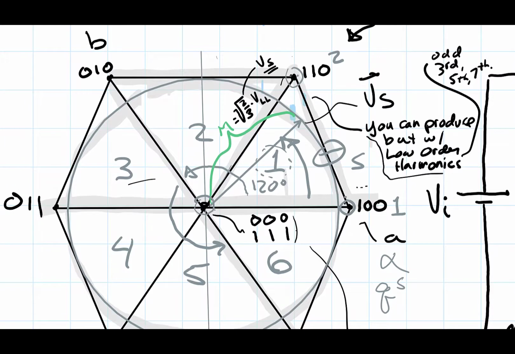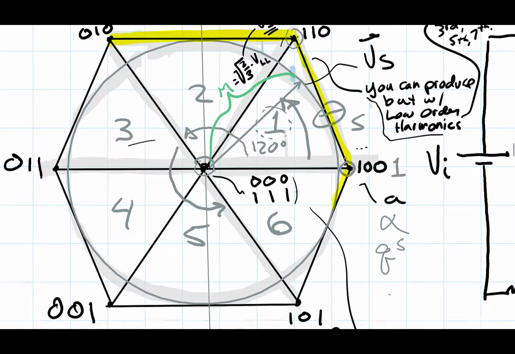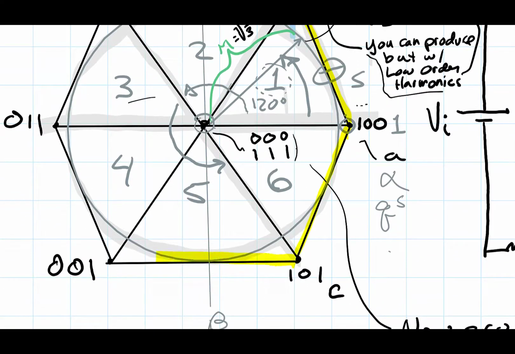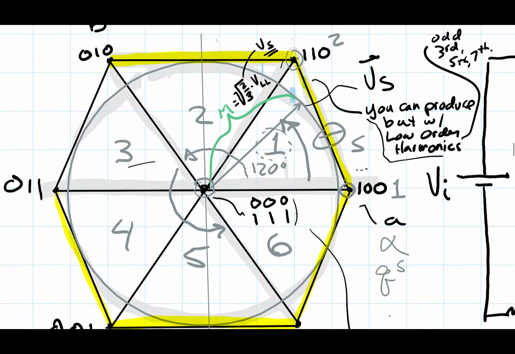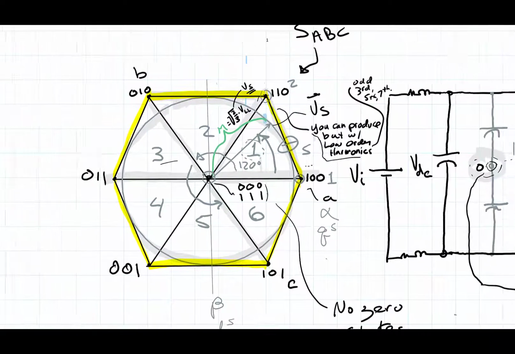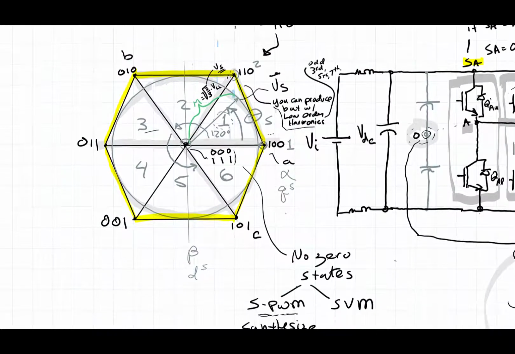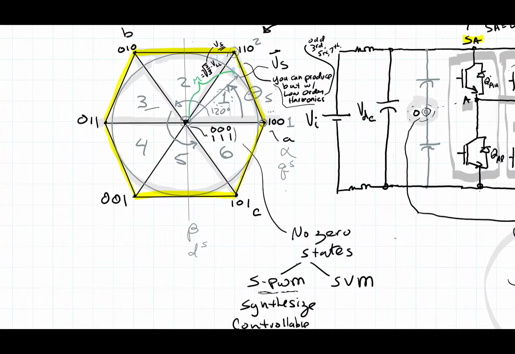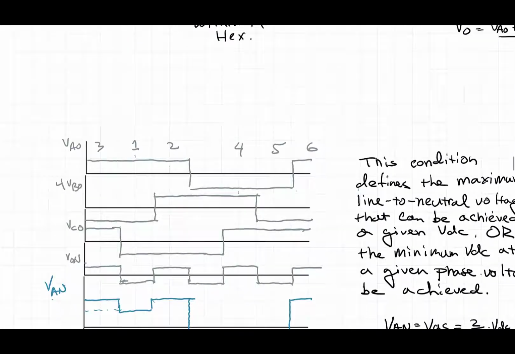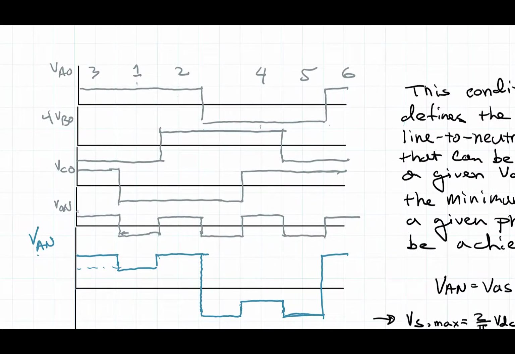Once we get to the point where we are operating all the time on this boundary here, as we go through all of the 6 sectors, we're not using the 0 state at all. So what does this mean as far as what the voltage looks like? If I'm out on that boundary, this is what is happening. The voltage from A to 0 is going to stay constant over 2 sectors. So say I'm starting in sector 1.